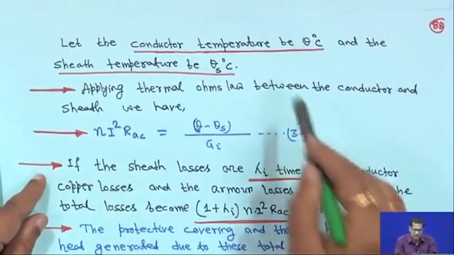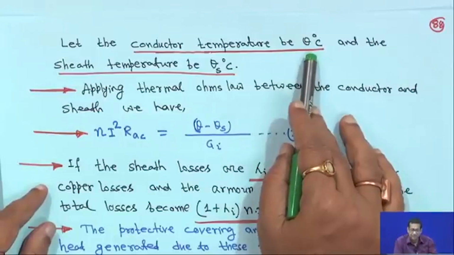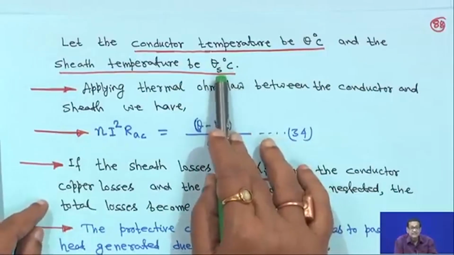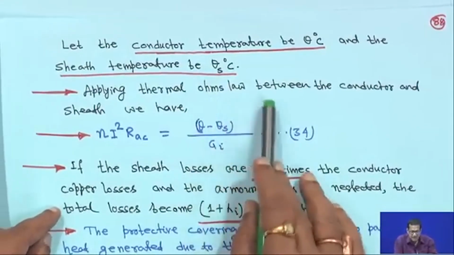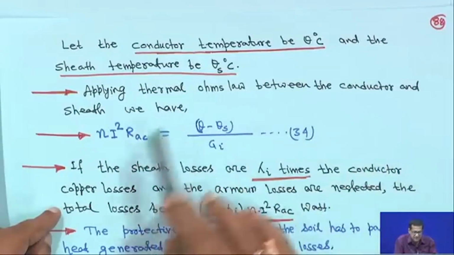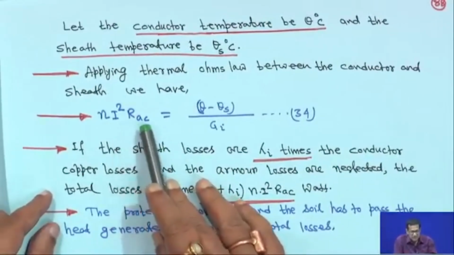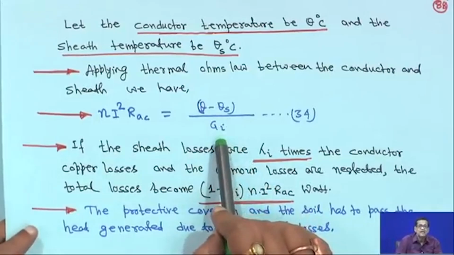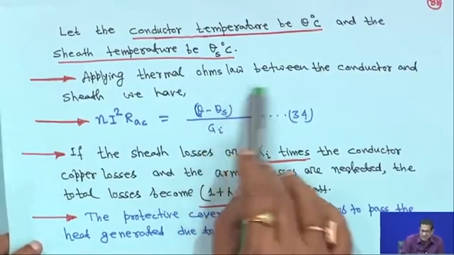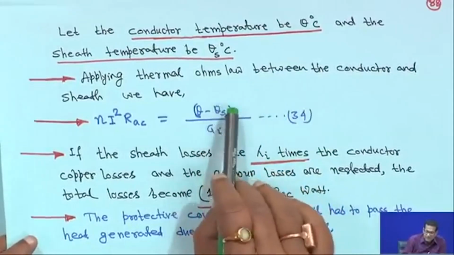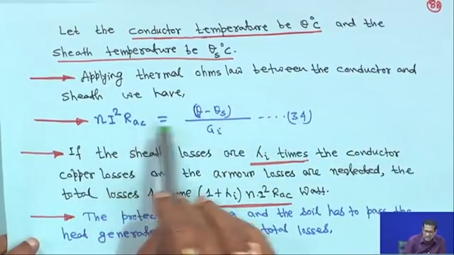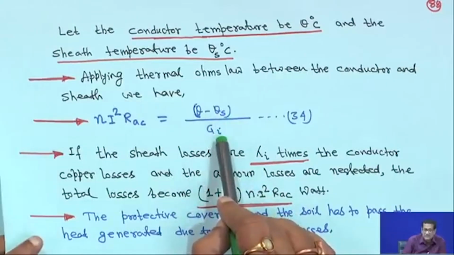So, if we assume that the conductor temperature is theta degree Celsius and the sheath temperature is theta s degree Celsius, theta s standing for sheath, then applying thermal Ohm's law between the conductor and the sheath, we have n into I square RAC is equal to theta minus theta s divided by Gi.